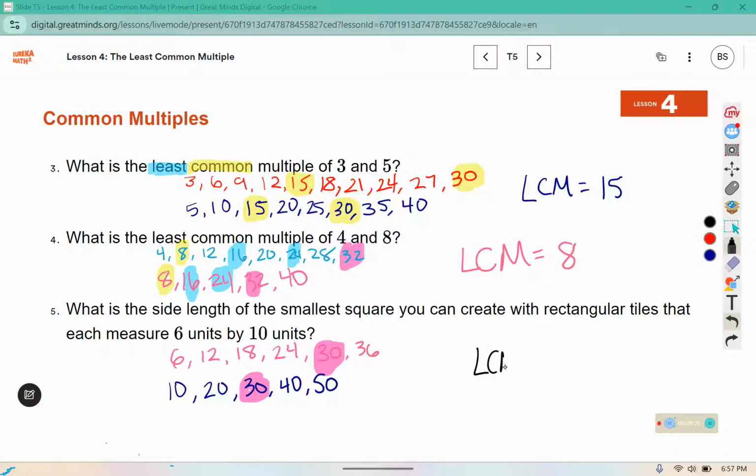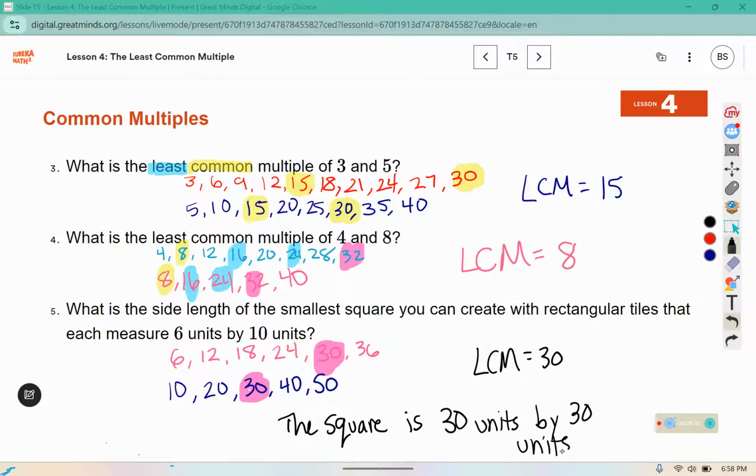So LCM equals 30, which in the context of this question would mean that our square is 30 units by 30 units. It's going to have 1, 2, 3, 4, 5 tiles across the 6 side, and 1, 2, 3 of the 10-sided piece.